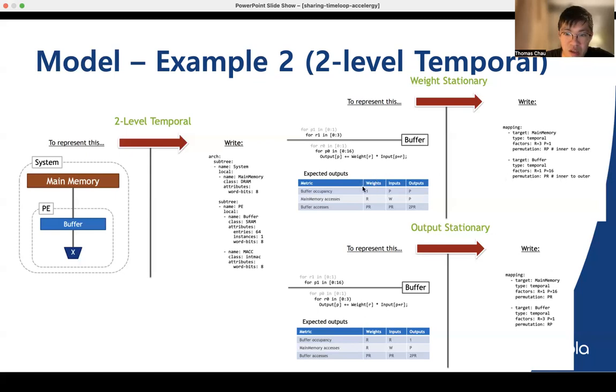So the weight stays stationary within the inner loop. And the second kind of mapping is output stationary mapping. It swaps the P and R loops such that R now stays in the buffer and the inner loops go through the weight and the output remains stationary.